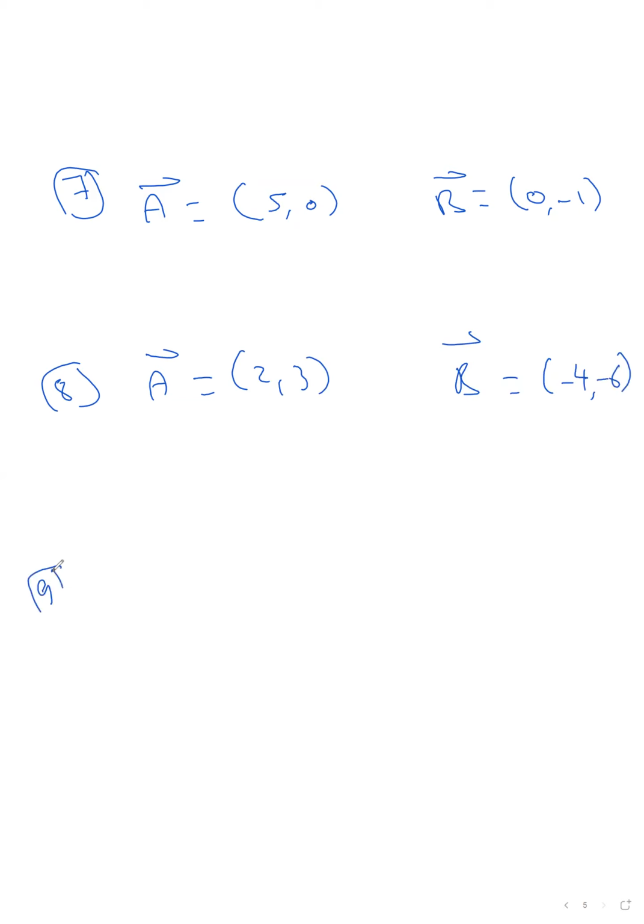Number 9: vector A equals (1, 1), vector B equals (-7, 7). Okay, that's it. This is the homework.